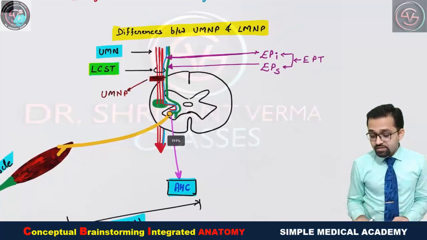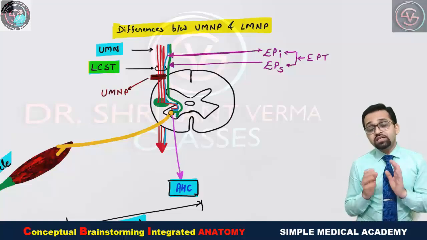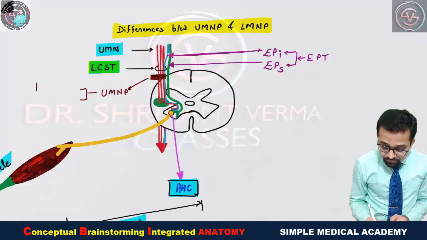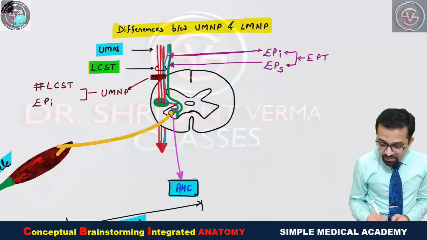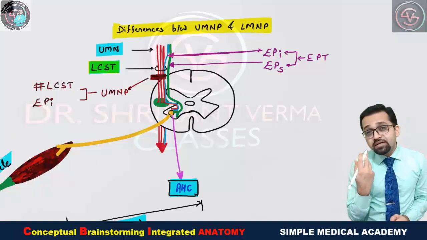Damage of this descending pyramidal tract above the anterior horn cell. So here there is damage to the lateral corticospinal tract fibers, as well as damage to the extrapyramidal tract inhibitory also. So the extrapyramidal tract inhibitory has been damaged.